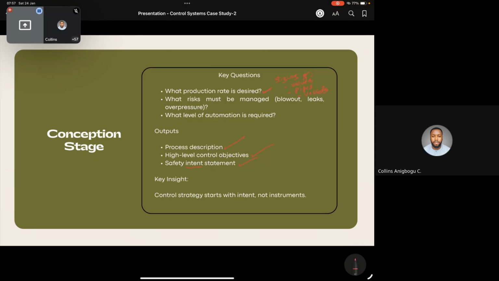You define the intent that this is the direction we are going in safety. This is the intention, right? You've not gotten to the details yet, right? So the key insight here is that your control strategy starts with intent, not instruments, right?